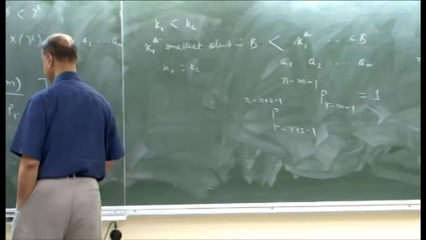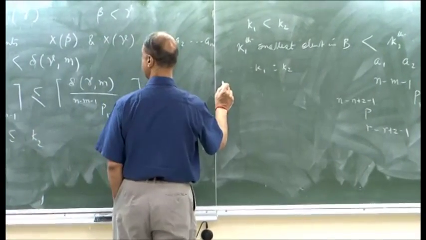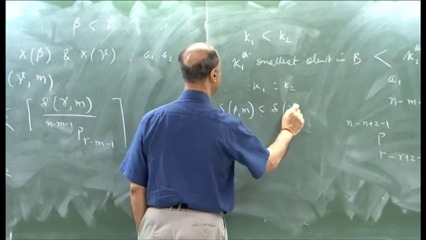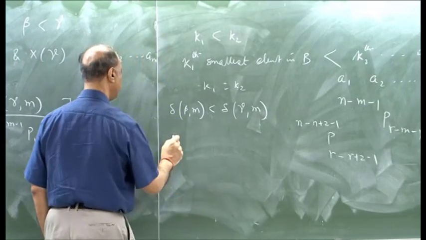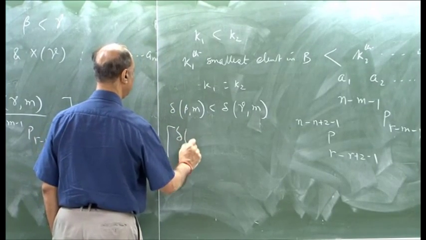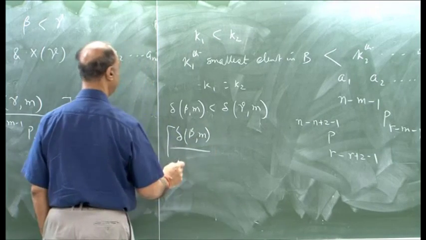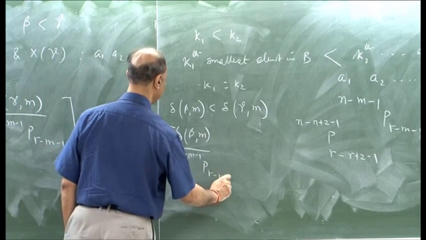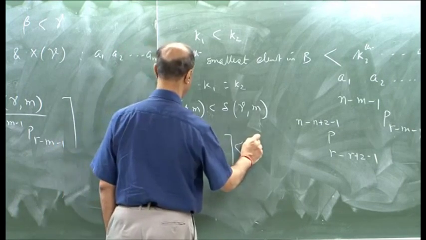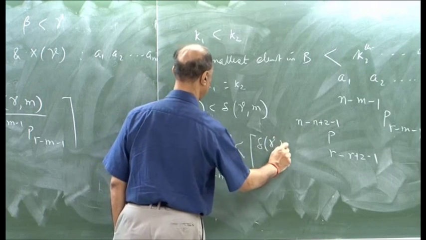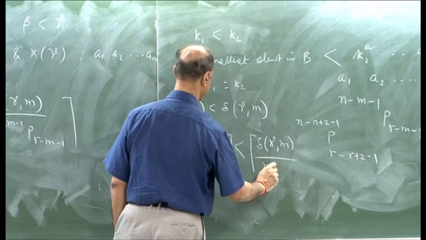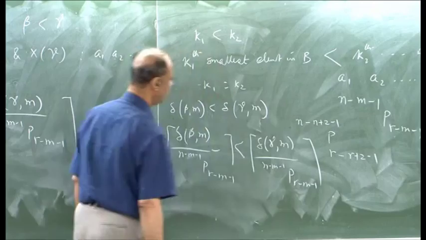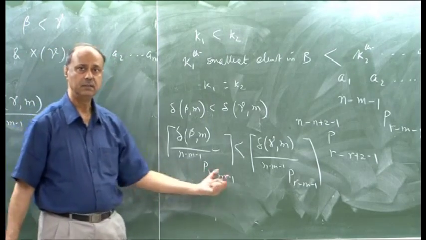So if A1, A2, Am, M equals R, this value is 1. Now what happens in that case? In that case, you have delta beta M less than delta gamma M. You are dividing beta M by N minus M minus 1 P R minus M minus 1. But this value is 1.